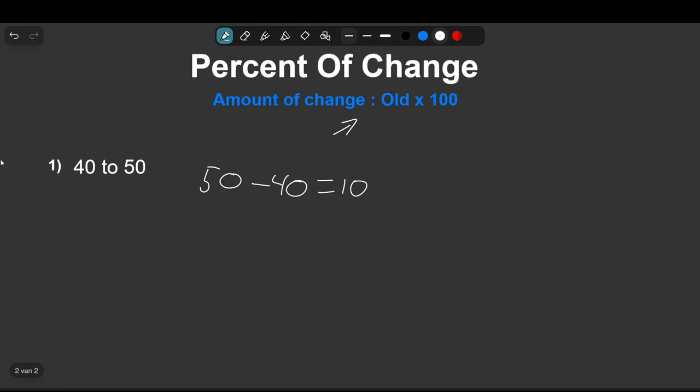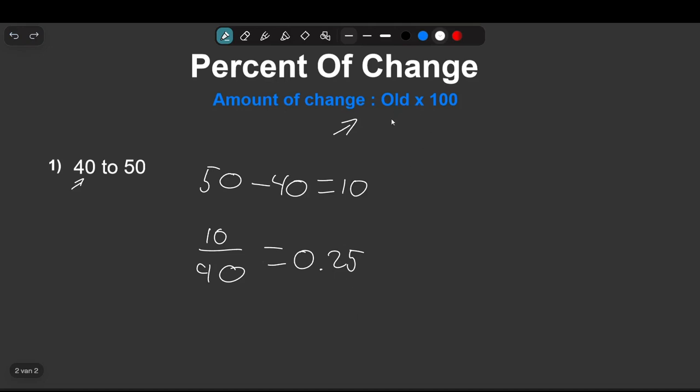We know that 40 is the old number. So we're going to do 10 divided by 40. So 10 divided by 40 is going to be 0.25. So now we got our decimal.